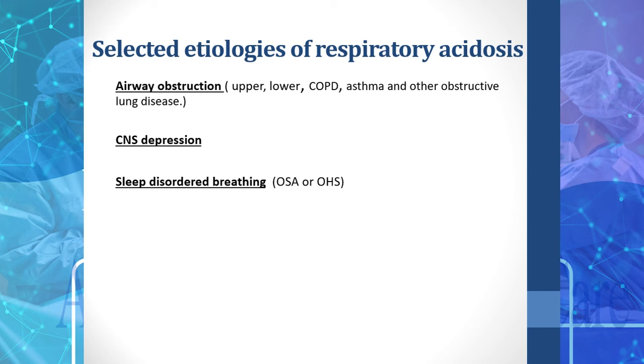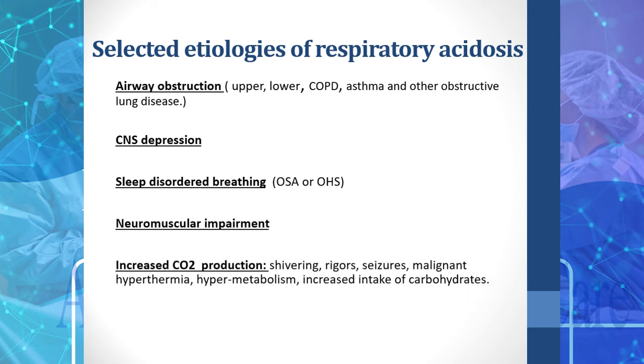Also asthma and other obstructive lung disease, and CNS depression, depression of the respiratory center by trauma, tumor, cerebrovascular accident, or drugs like opioids. Sleep disorders of breathing, and neuromuscular impairment like in Guillain-Barré syndrome or myasthenia gravis. Increased carbon dioxide production due to high carbohydrate intake, shivering, seizures, malignant hyperthermia or hypermetabolism, and of course incorrect mechanical ventilation settings.